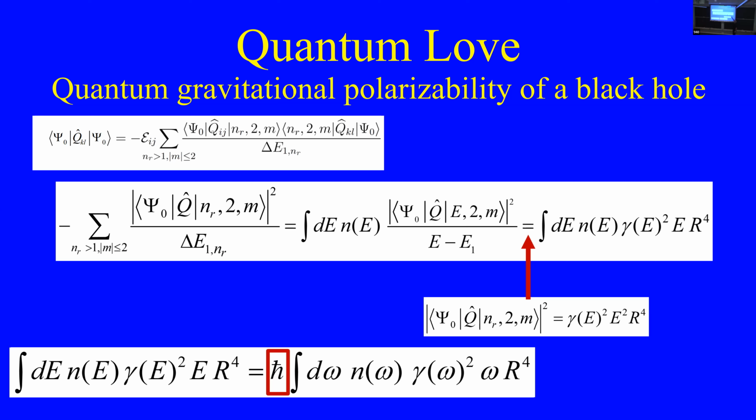Gamma is a numerical parameter, presumably order 1 or smaller, that tells you what the actual quadrupole number is. And you see that this object does have an h bar, and what I will be looking at are excitations that essentially have 1 over h bar worth of energy in them. So they will be semi-classical.